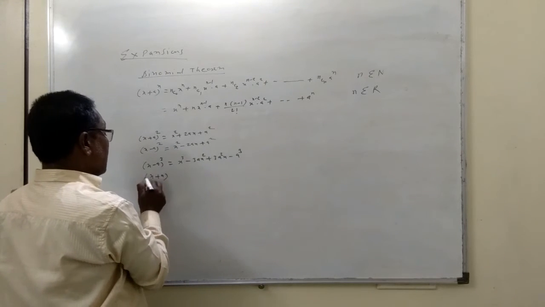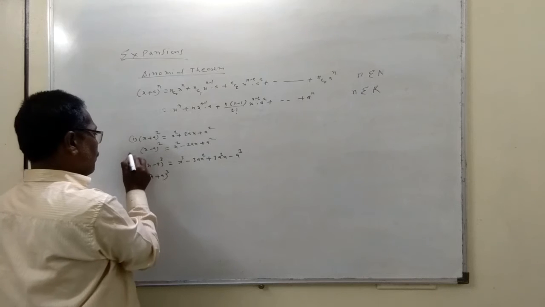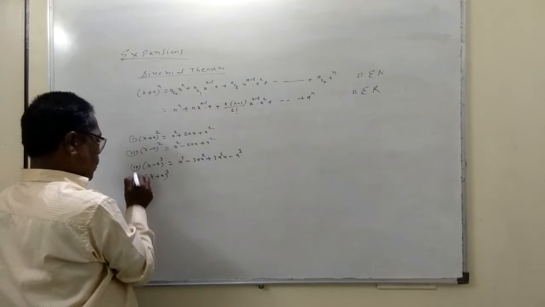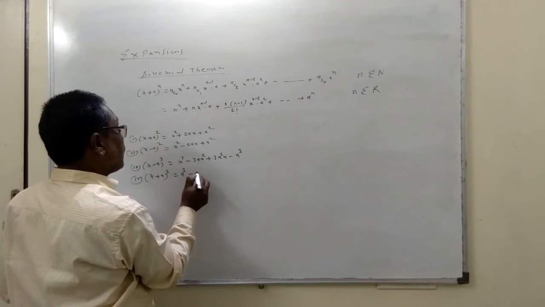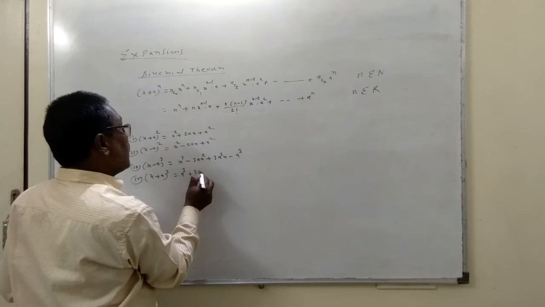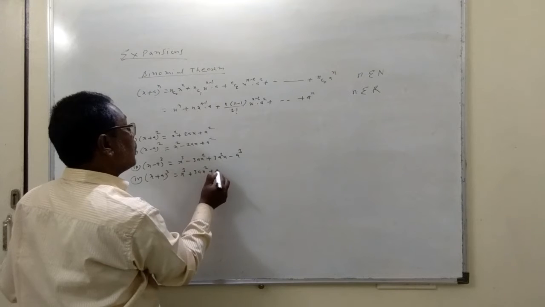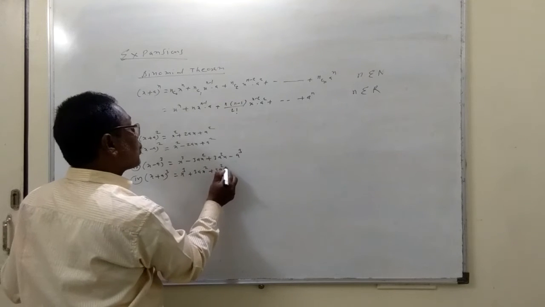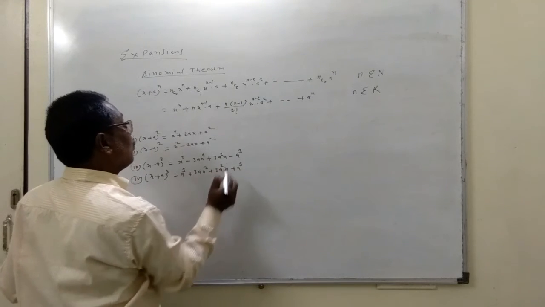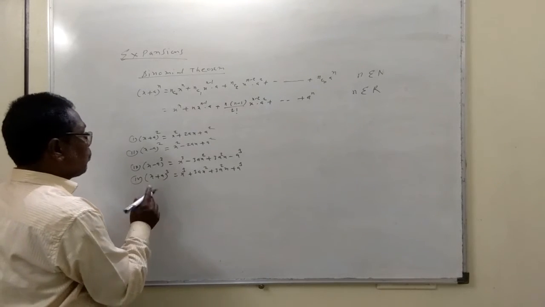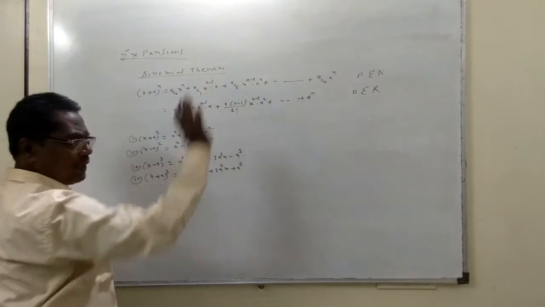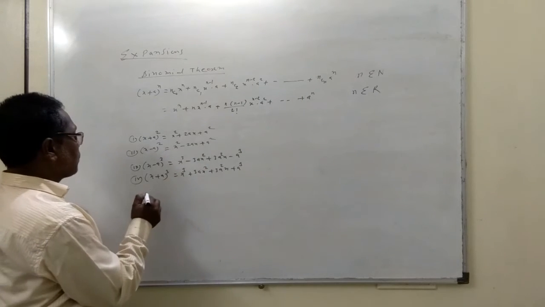X plus a whole cube is x cube plus 3ax square plus 3a square x plus a cube. For higher powers, use this theorem and directly you will find the expansions.